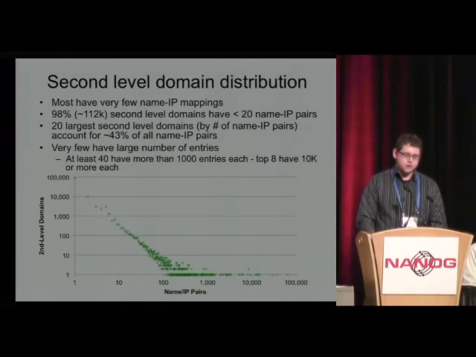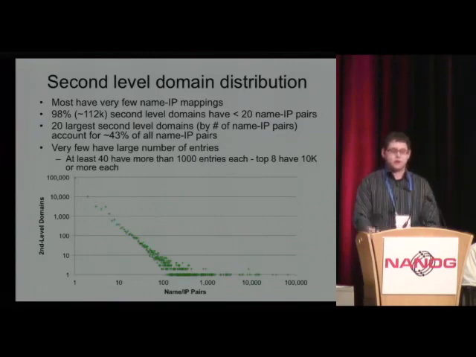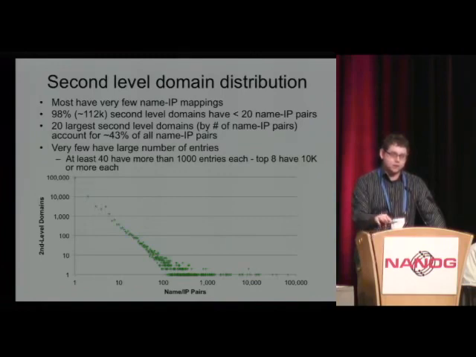The 20 largest have 43% of all of the pairs, although 98% of the second level domains that we examined had fewer than 20 name IP pairs. So in summary, very few have a really large number of name IP mappings, also meaning that very few were extremely dynamic, but the ones that were very dynamic, the top 8, had 10,000 entries each.